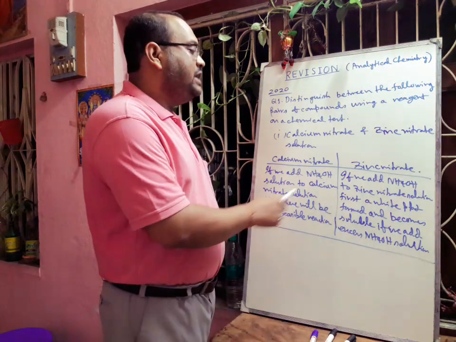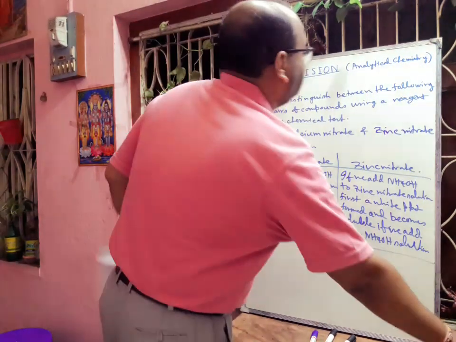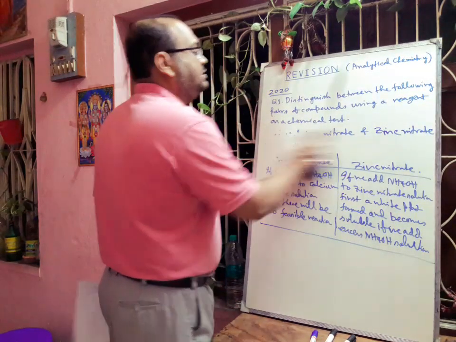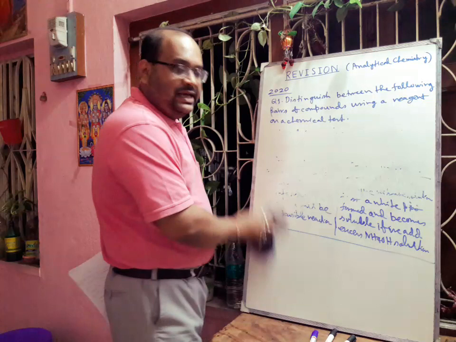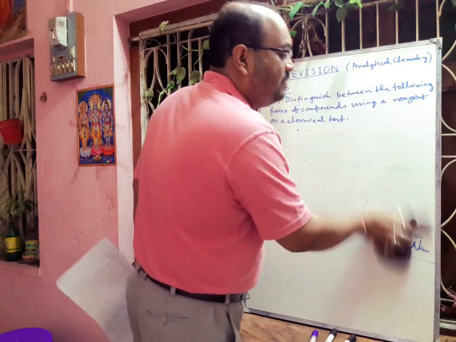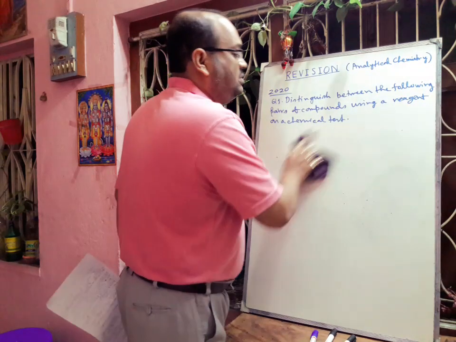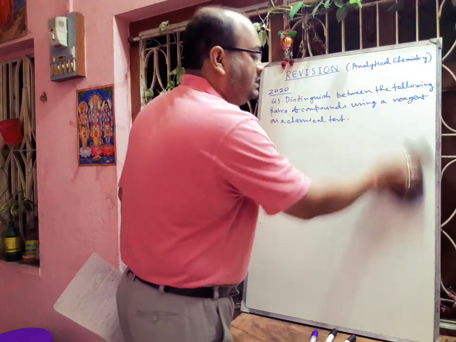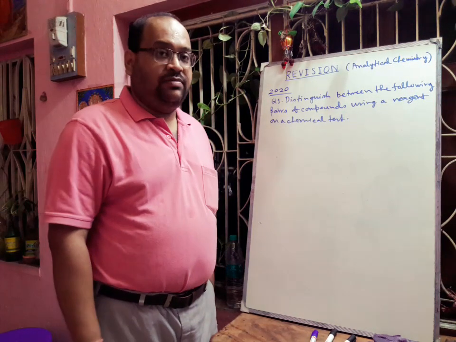So in this way you can easily distinguish between calcium nitrate and zinc nitrate. If you want to write the chemical reaction, that will be the better answer. But if your reaction is wrong or not balanced, then we can cut marks.